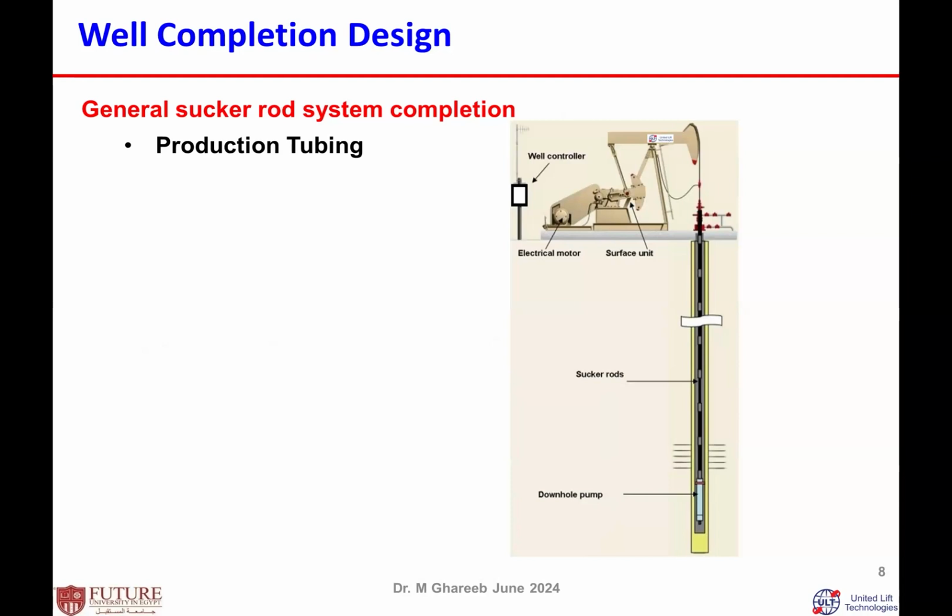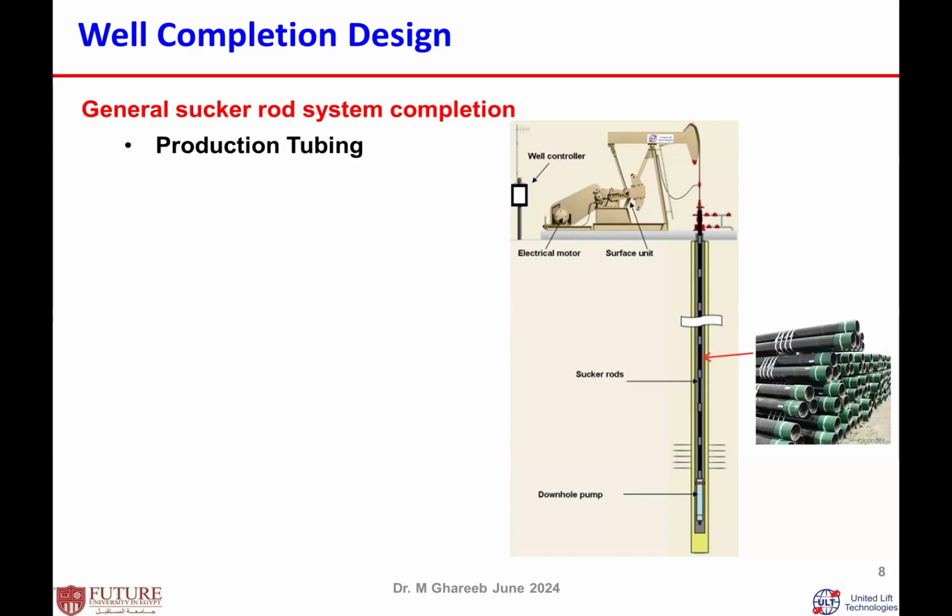The first part in the completion is the tubing string. Even if some wells, in shallow areas, produce from the casing, there is at least a conduit for the flow to move up and down. This tubing can be of different sizes, depending on the depth and on a lot of conditions, when you design the well.